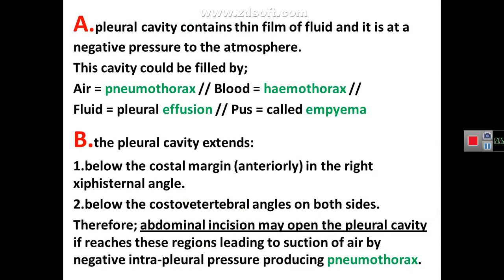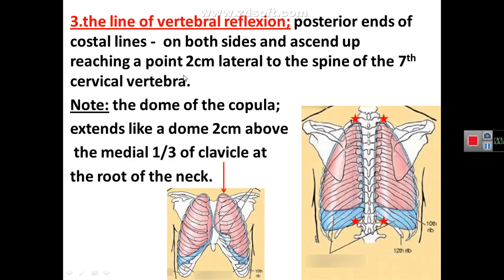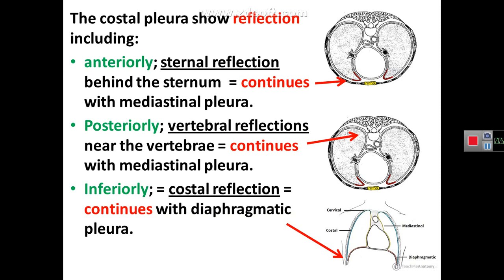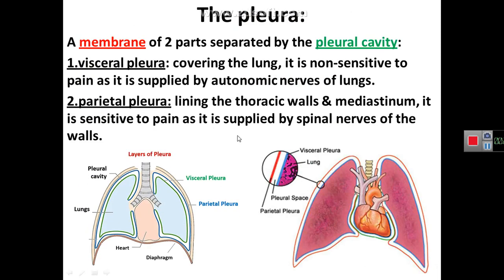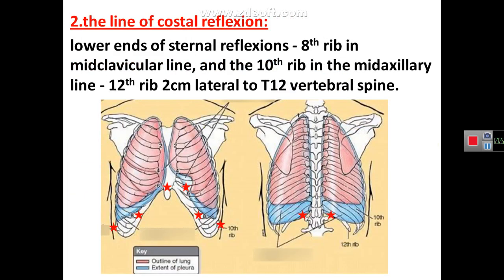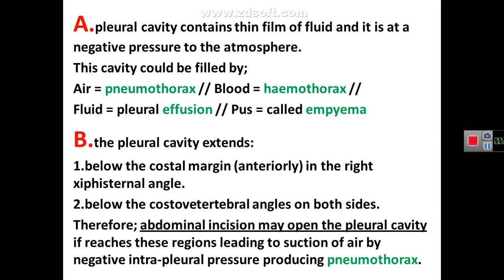What is important about these reflections? First, the first clinical point: the pleural cavity, which is the cavity between parietal and visceral pleura, as this figure shows, the pleural space between parietal pleura and visceral pleura, is normally filled with a little amount of fluid, and it is a potential cavity.